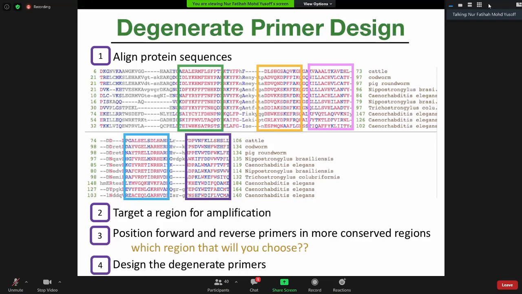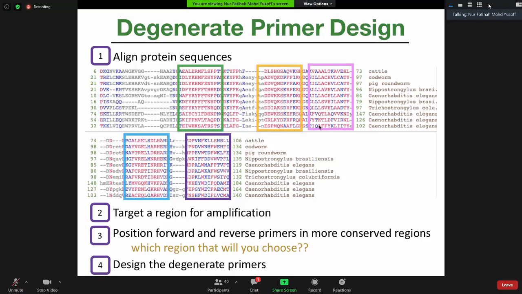Okay, so basically, it will be more advisable for you to design the reverse primer in the yellow box, because you can see that the conservation of this particular region is higher as compared to the pink box.